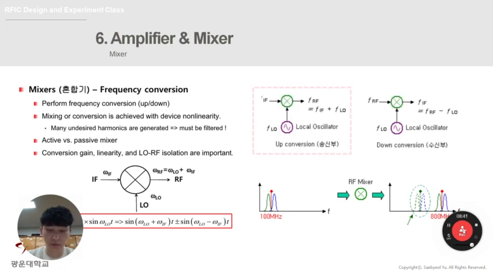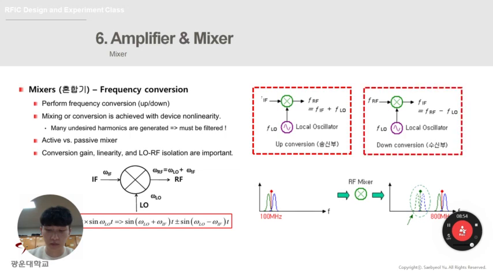It is a conversion that transforms into high frequency and makes it available in the wireless transceiver system. Down conversion transforms the received high frequency signal back into a wave that we can use. That is, we raise the frequency for signal transmission and we lower it back to the frequency band we use when we are done.